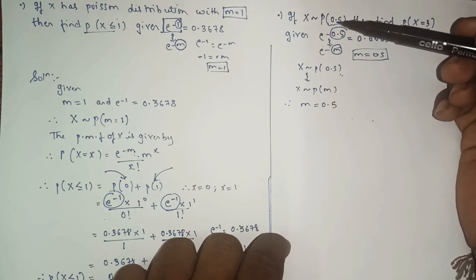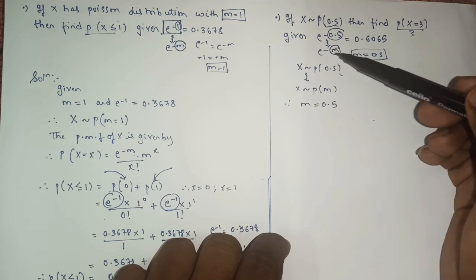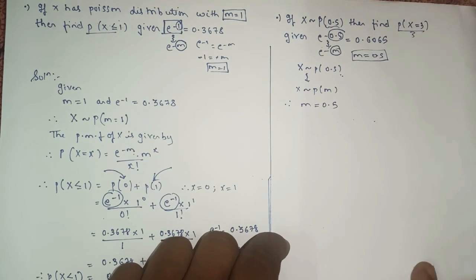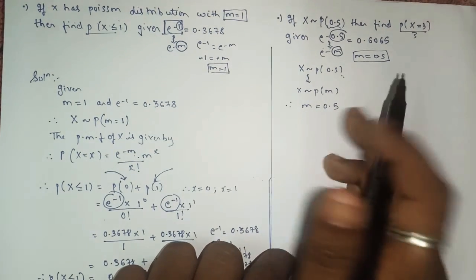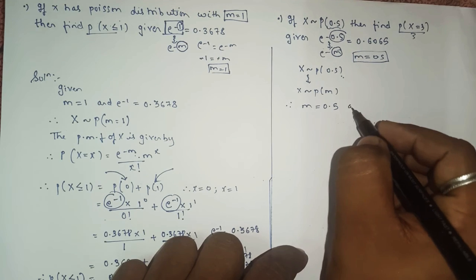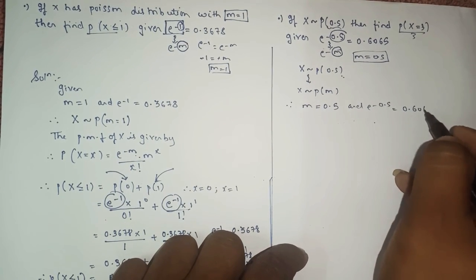Either you can find the value of m from here, or by comparing it with e raised to minus m. I hope you all understood how to find the value of m. So for this question we have the value of m, yes or no, and e raised to minus 0.5 equals 0.6065.